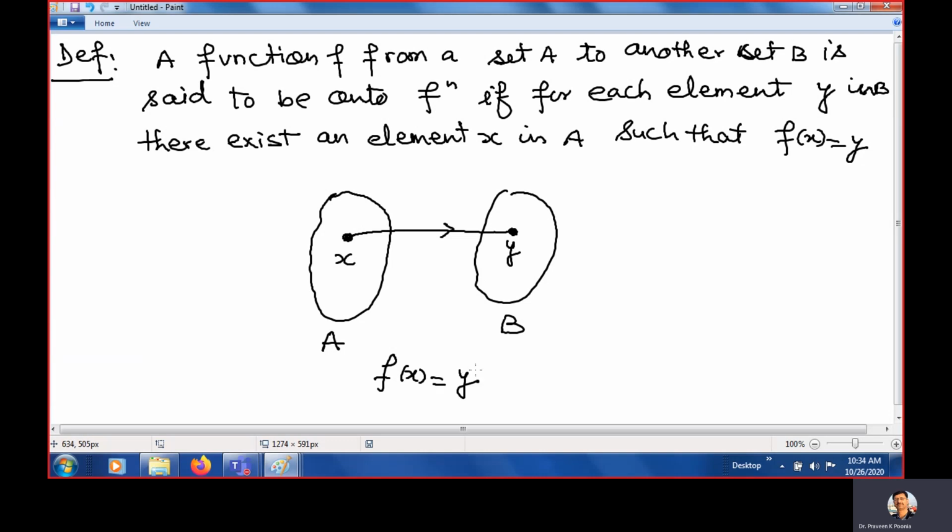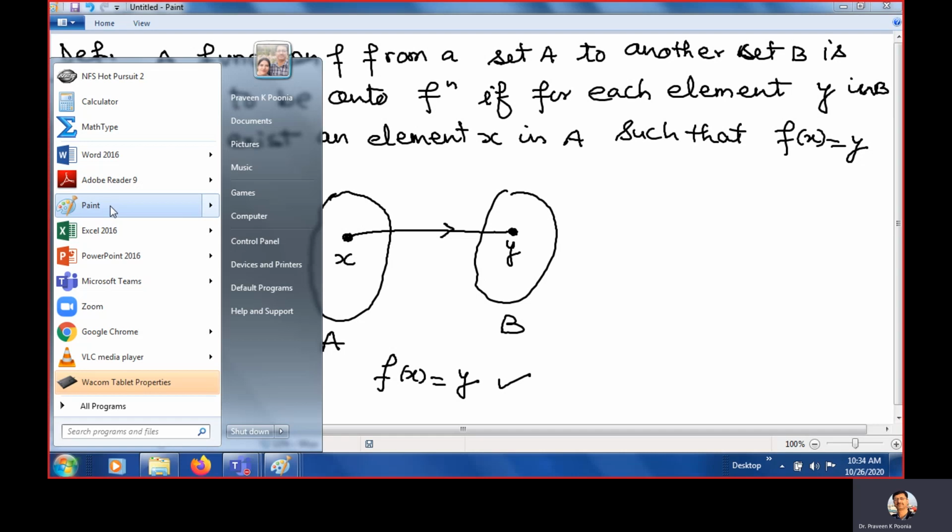If we are able to find such an element x for every y such that f(x) is equal to y, then the function f is called an onto function. Clear?